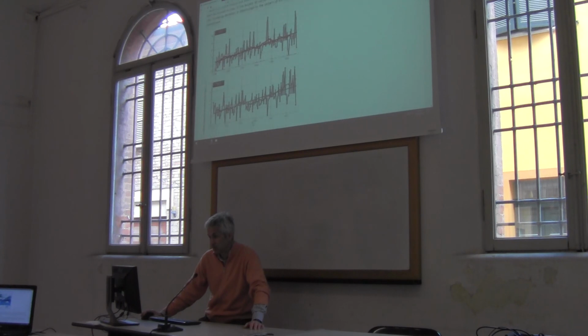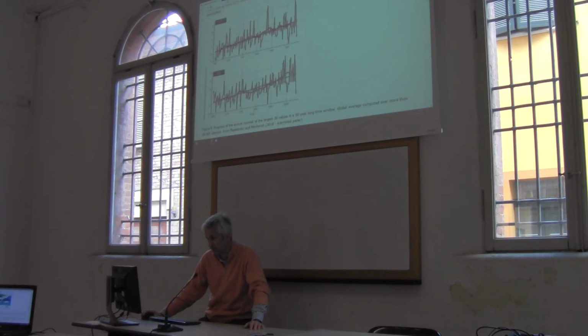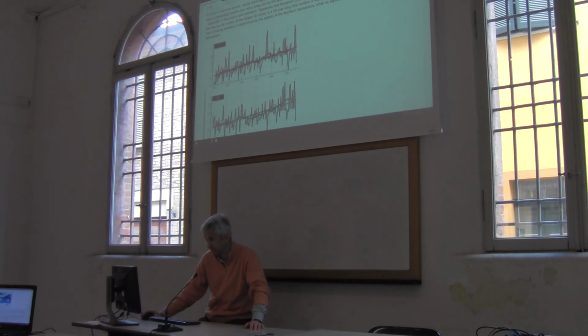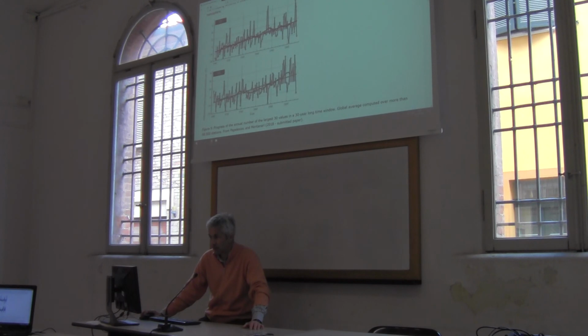Extreme precipitation, so this is the progress of frequency of extreme precipitation events over the global surface and northern hemisphere. What we found, this is a study that I completed with a colleague working in Canada, and it's based on daily rainfall. So we are talking about daily.